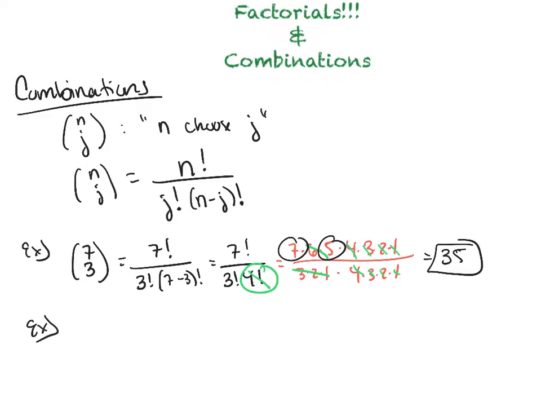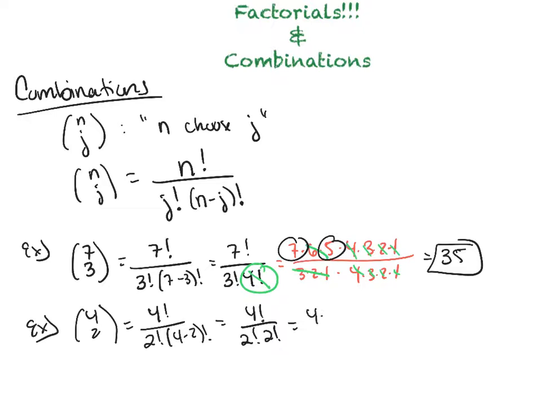Let's do a few more examples for practice. Let's do 4 choose 2. So that would be 4 factorial over 2 factorial times 4 minus 2 factorial. So that's 4 factorial over 2 factorial times 2 factorial.